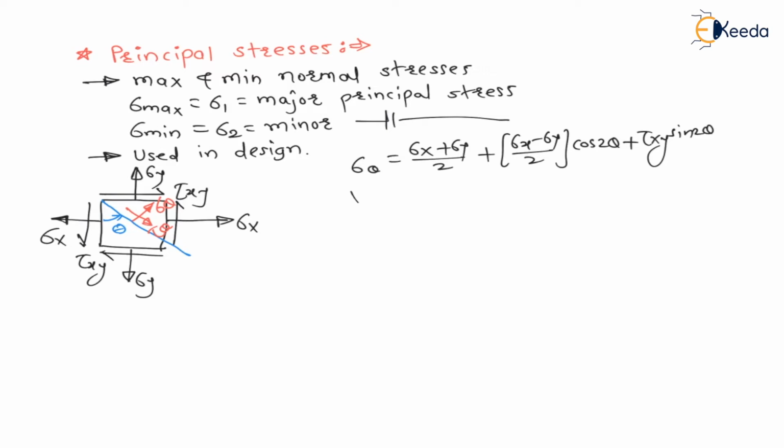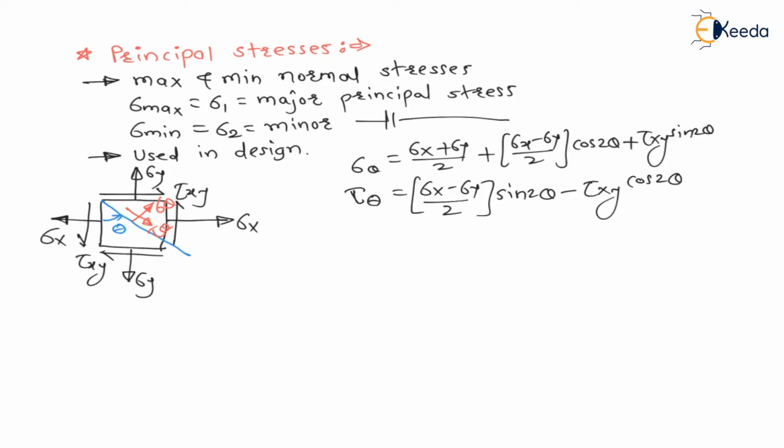Again, on the same inclined plane we can calculate shear stress tau theta, which is (sigma x minus sigma y) by 2 sin 2 theta minus tau xy cos 2 theta. This is how we can calculate normal and shear stresses on any inclined plane.